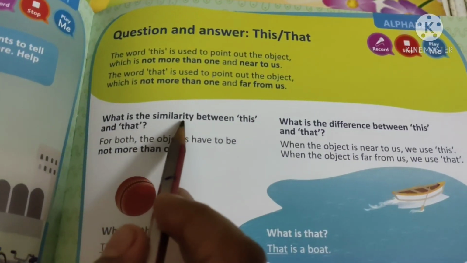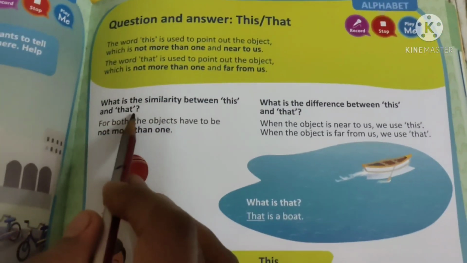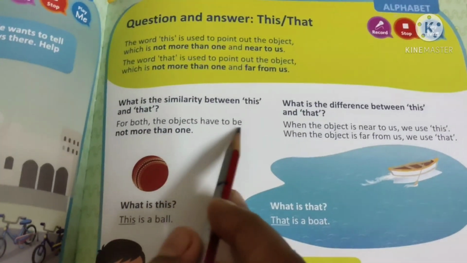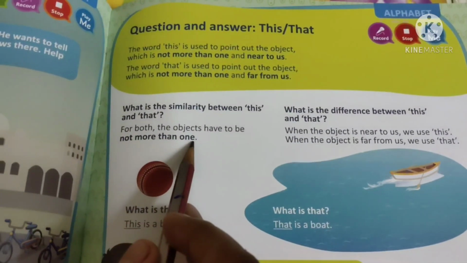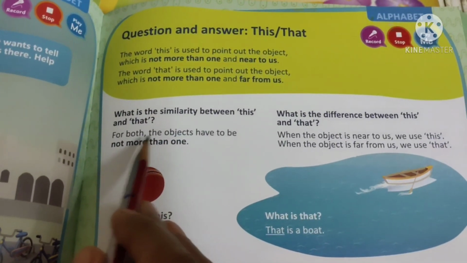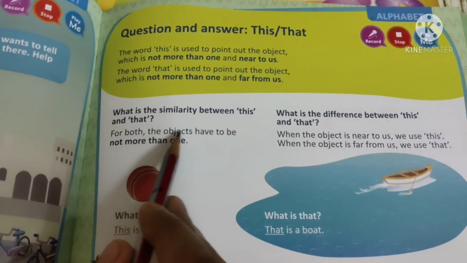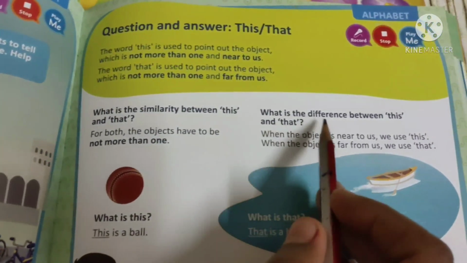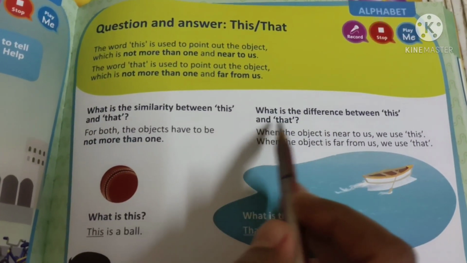What is the similarity between this and that? For both, the objects have to be not more than one. What is the difference between this and that?